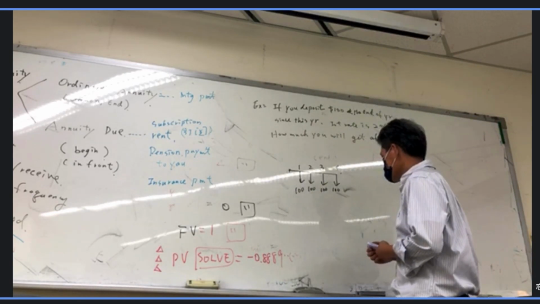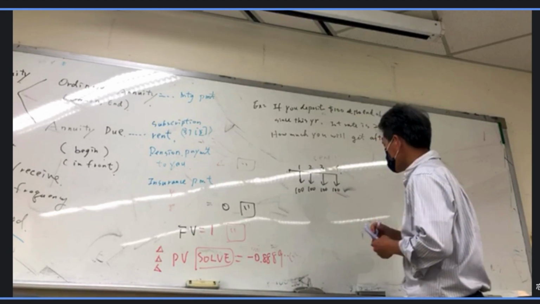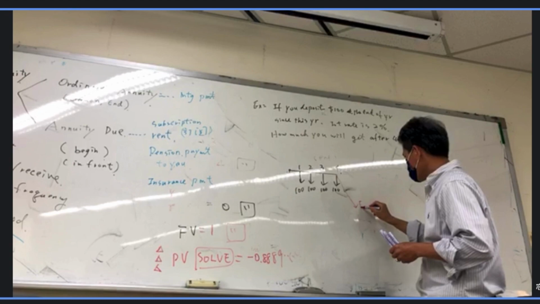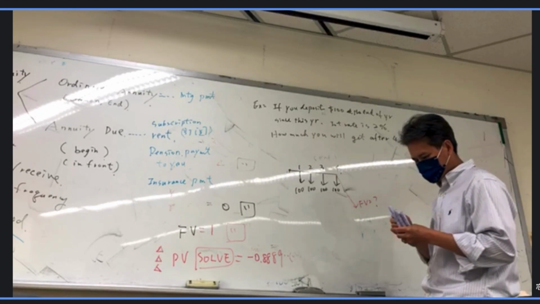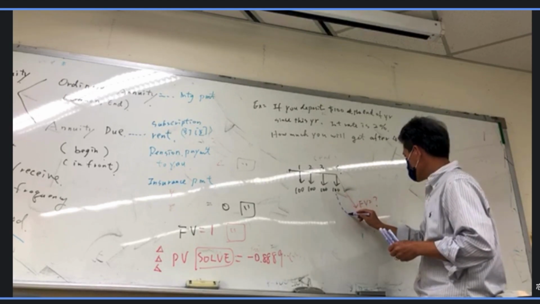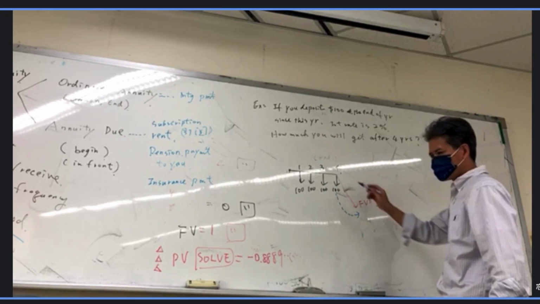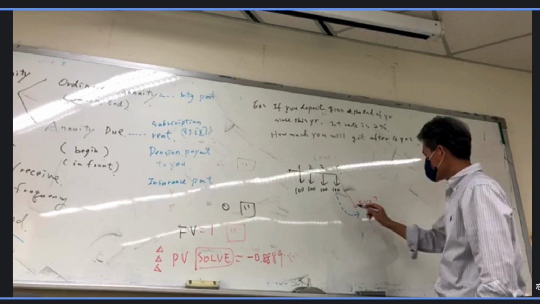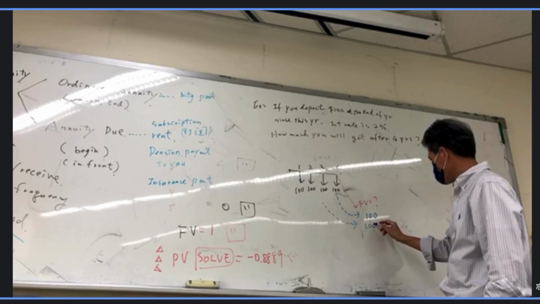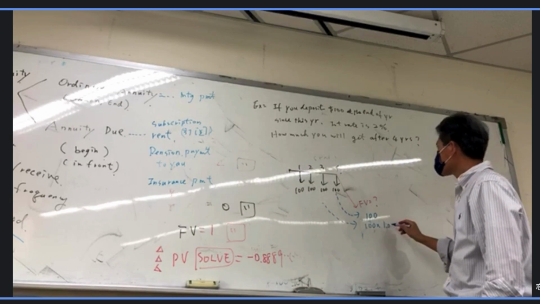Okay, so we want to find the future value of these annuities. How much is the future value of this one? For this 100, at the end, the fourth year, it's still the same 100. For this, from year 3 to year 4, this is one period of compounding, 2%.